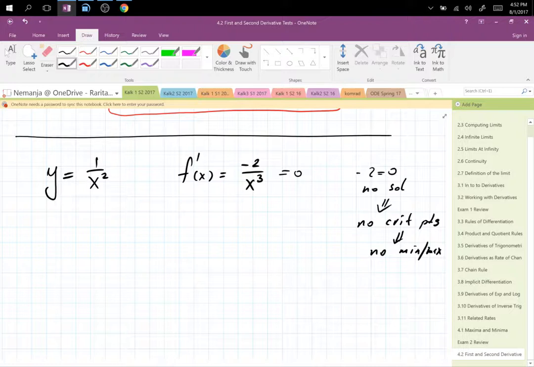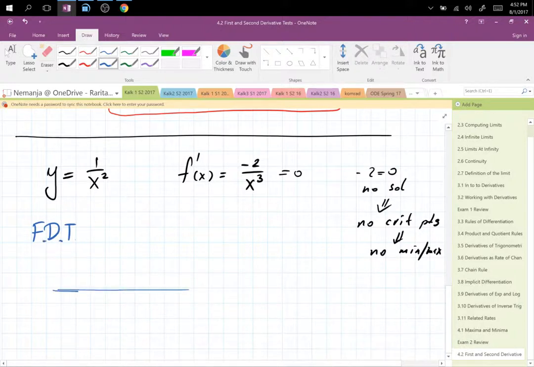Yes, because even if you don't have a critical number, you do have a vertical asymptote, right? So now the first derivative test procedure says partition on asymptotes as well. And this function has the asymptote at 0.